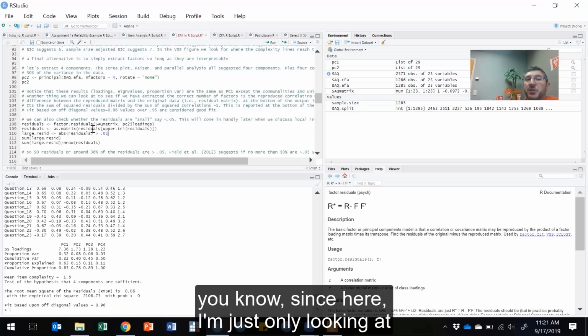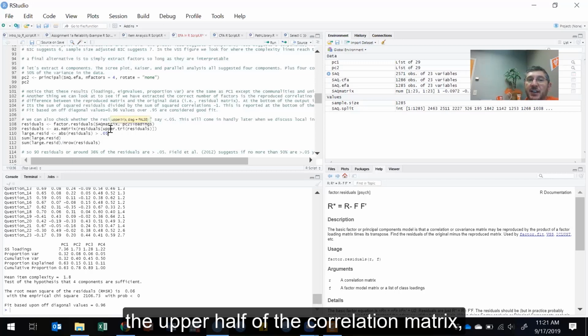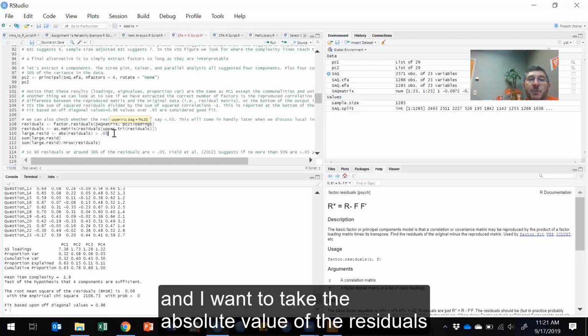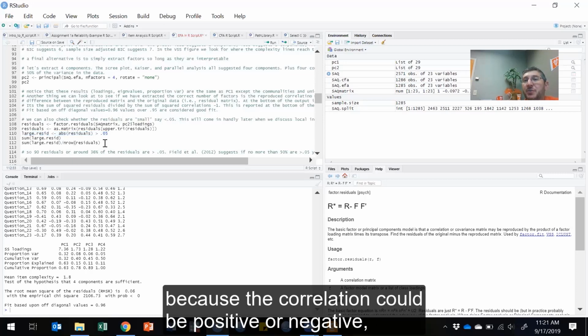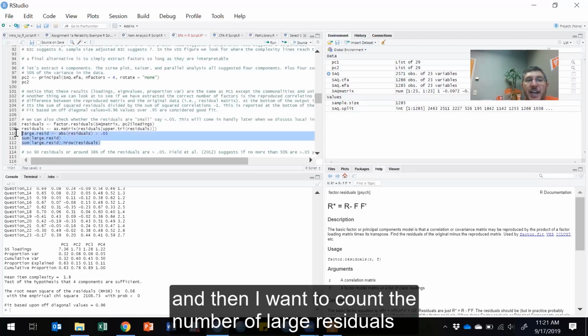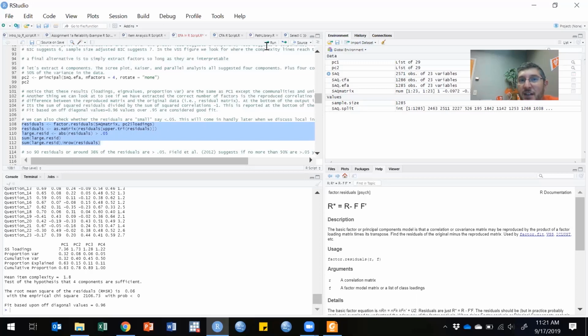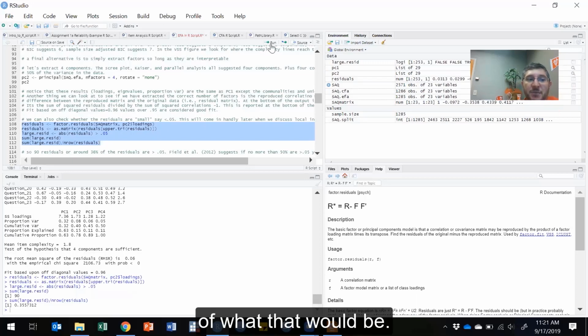Since I'm only looking at the upper half of the correlation matrix, I want to take the absolute value of the residuals because the correlation can be positive or negative. And then I want to count the number of large residuals and get the proportion of the total number.